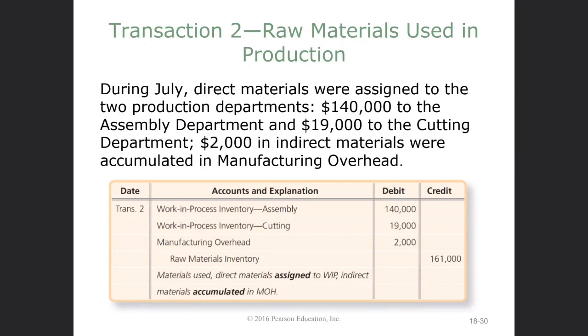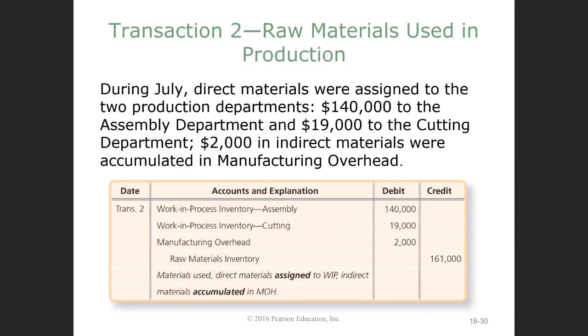We're going to debit $140,000 in our work in process assembly, and $19,000 in work in process cutting, and then we debit our manufacturing overhead account for that $2,000.